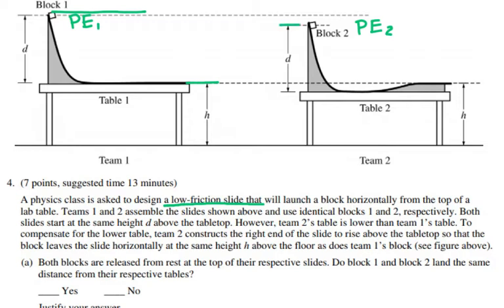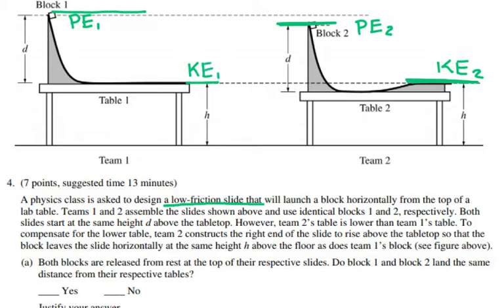It is less for the second table. So that means the kinetic energy of the second block at the bottom is going to be lower than the kinetic energy of the first block.